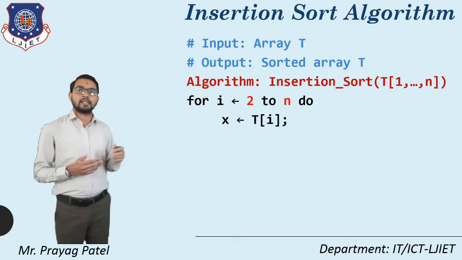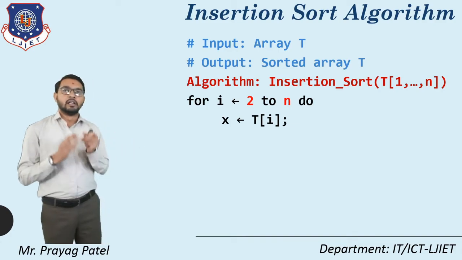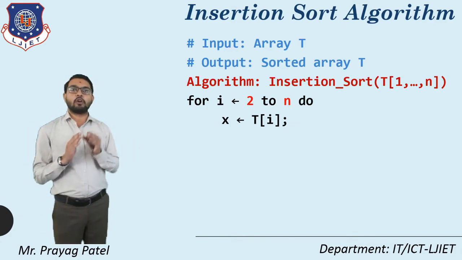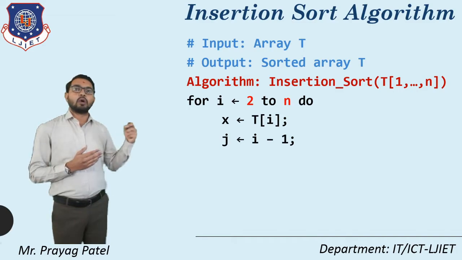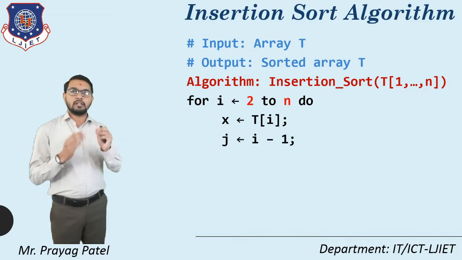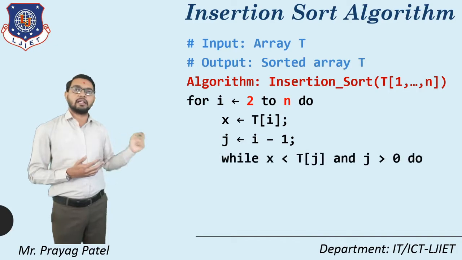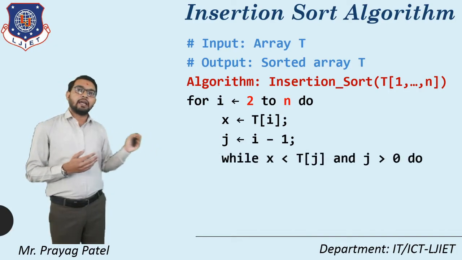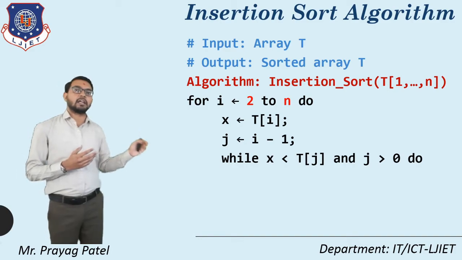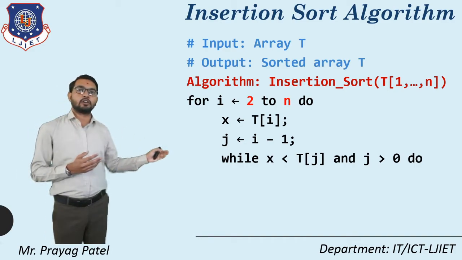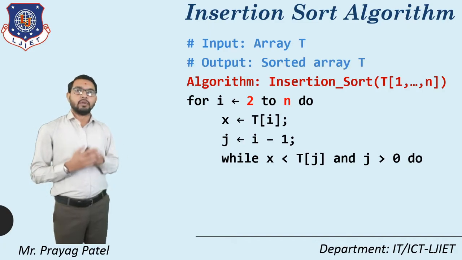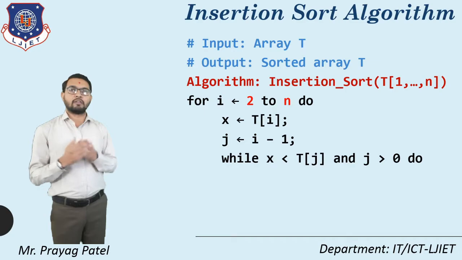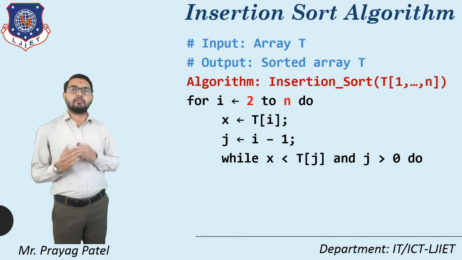Now first consider x equal to t of i. T of i means the value of t of 2 is considered as x. Initially your current location is 2, then t of 2 is considered as x. j equal to i minus 1. What is the initial value of j? The previous location of i. So we can say that j equal to i minus 1. While x less than t of j and j greater than 0 do. This is your condition for the shift down operation. x less than t of j means you compare the current value of x with the previous value.